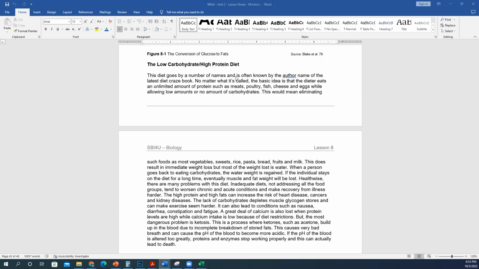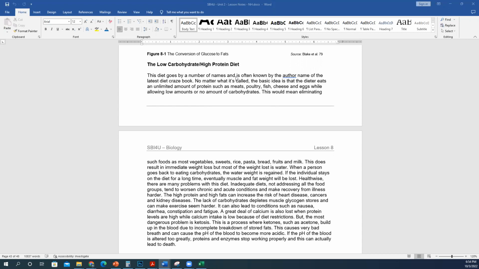And then the lack of carbohydrates will deplete all the muscle glycogen stores and can make exercising and activity seem much harder. So you feel a lot lower in your energy. It can also lead to very unpleasant conditions such as nausea and diarrhea as a result of the lack of the fiber that comes in with consuming complex carbohydrates and vegetables, and also constipation and fatigue.